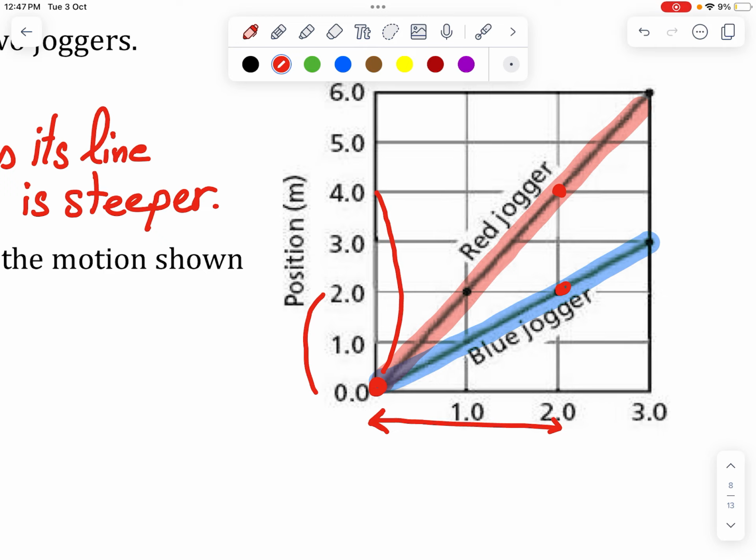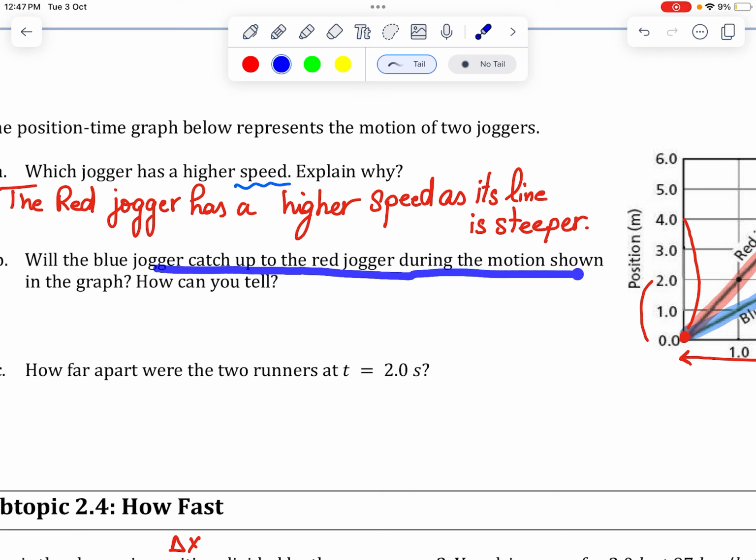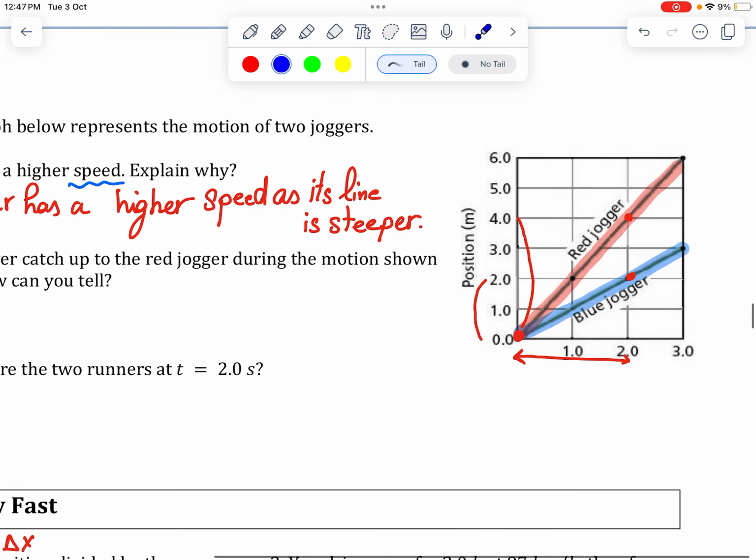Part B. Will the blue jogger catch up to the red jogger during the motion shown in the graph? How can you tell? Are they ever going to meet? I can see that the further the time passes, the lines are getting further apart.